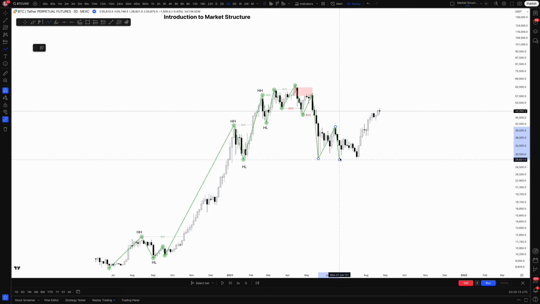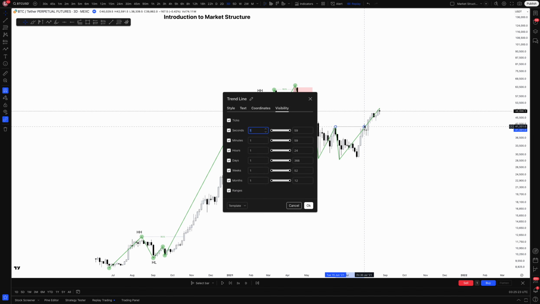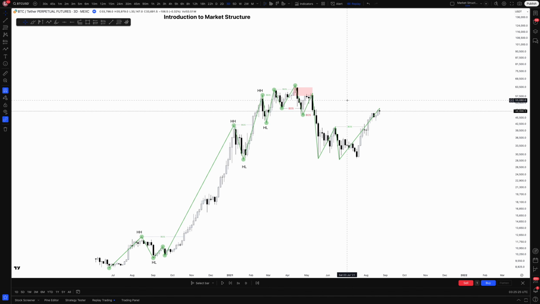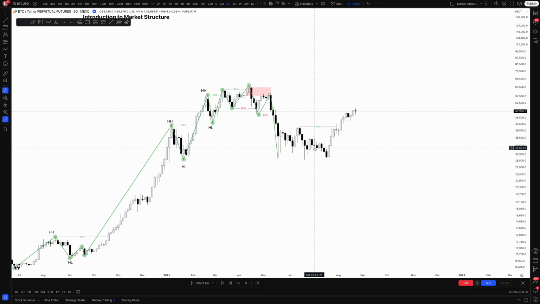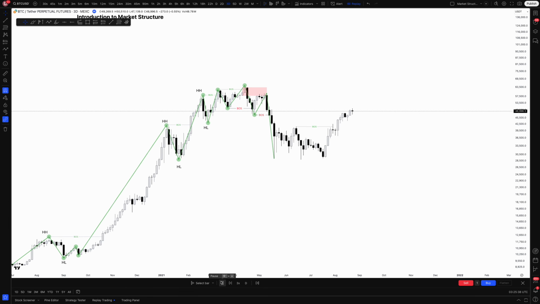So this would be our structure. So we broke up above it again. Now, obviously I don't know if this is going to continue up, but we have kind of broke bullishly again here. So you can see that we had a nice bounce from here. This level held, and we also broke structure back up again. So yeah, let's see how this plays out.